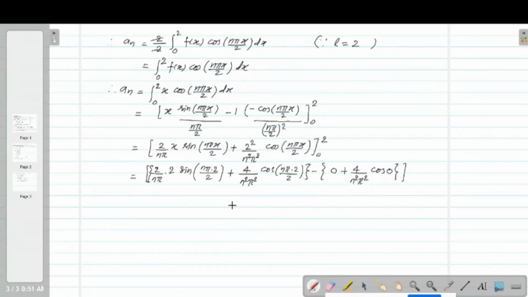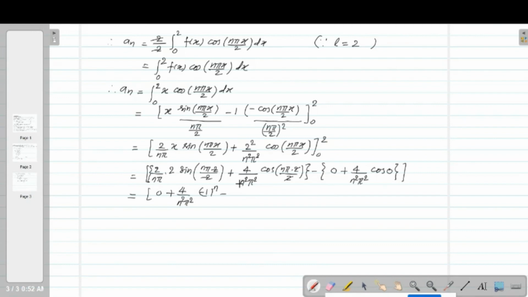Now close the bracket. This 2 and this 2 cancel, so this becomes sine n pi. But sine n pi is 0, so we put here 0. And plus this 2 and 2, so cos n pi. Here first write 4 by n square pi square. Cos n pi is minus 1 raised to n.